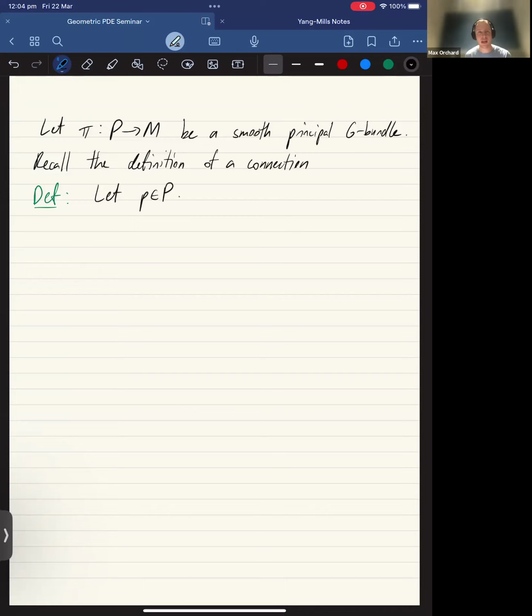I'll fix a point P. The first thing that we need to talk about is the vertical subspace at P, and it's simply the space of tangent vectors at the point P that are parallel to the fibers at this point P.